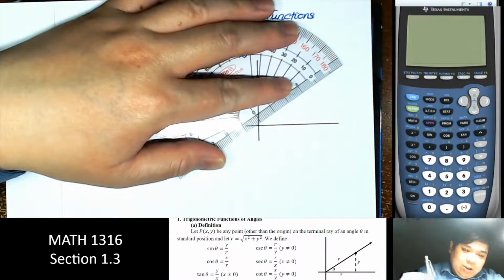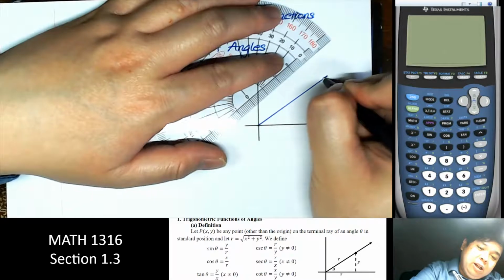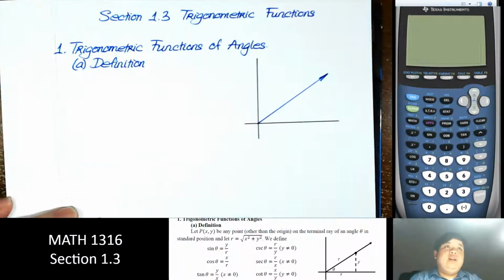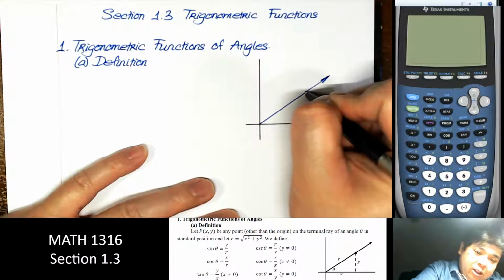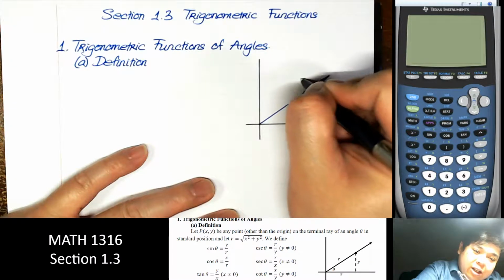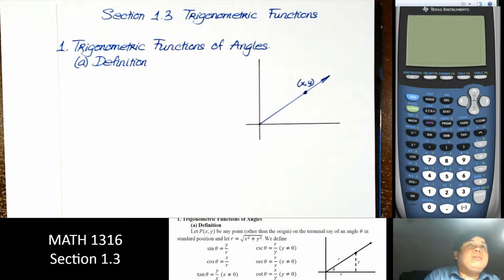Right. So we have a terminal ray here. This happens to be in the first quadrant. Right. We take any point on that ray with x and y coordinates. So this is the coordinate of the point.